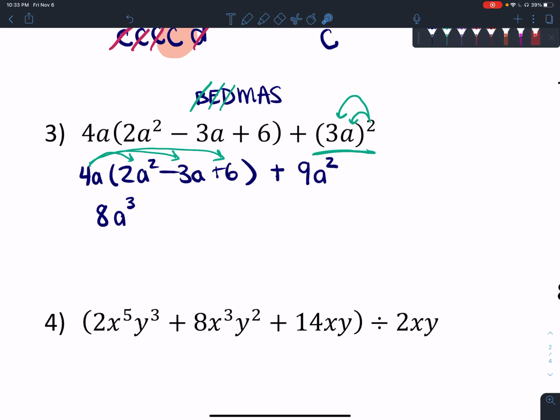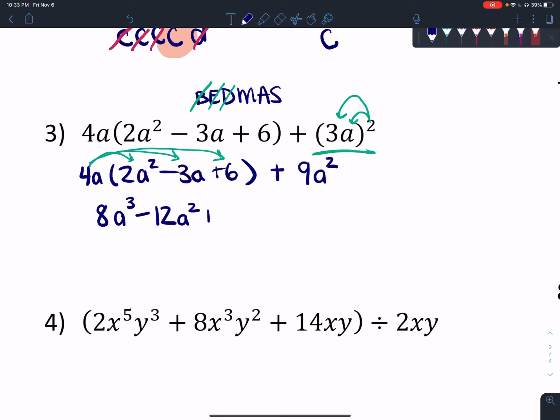Now again, number times number, so 4 times negative 3, it's going to give us negative 12. And then our a times our a, we're going to get a squared.